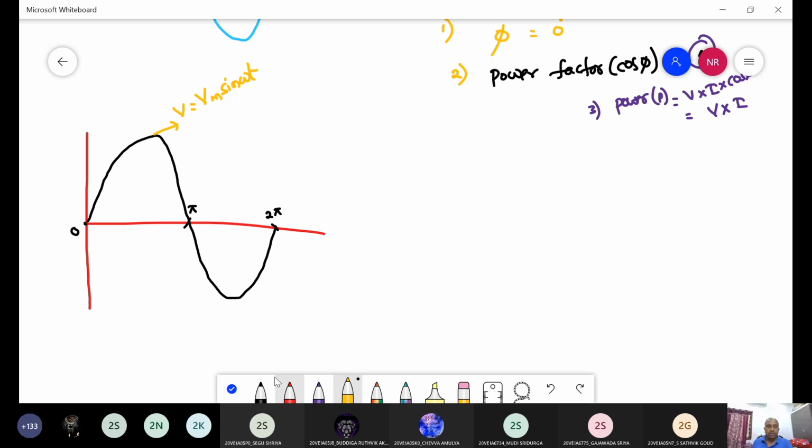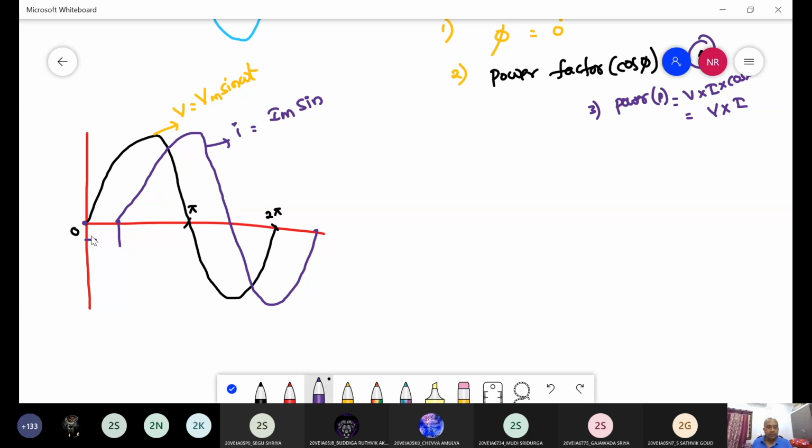Coming to the current, I is equal to Im sine. Here the voltage is started at 0, right? Then the current is not started at 0. Current is started after the voltage, right?